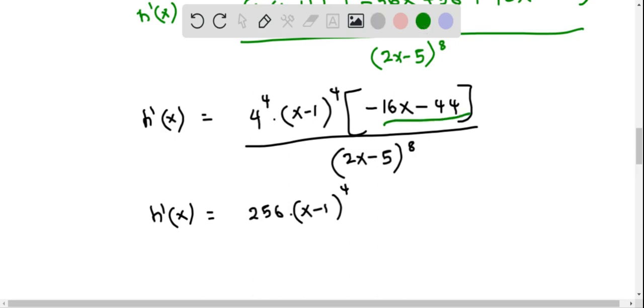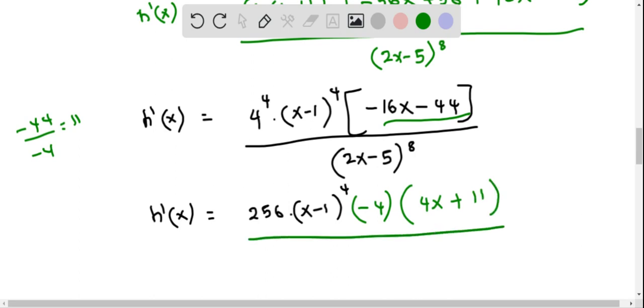When we factor -4 from -16x, we will have 4x, plus, when we factor -4 from -44, we have to divide -44 by -4. So this gives positive 11. So it is 4x + 11, and this is over (2x - 5)^8.